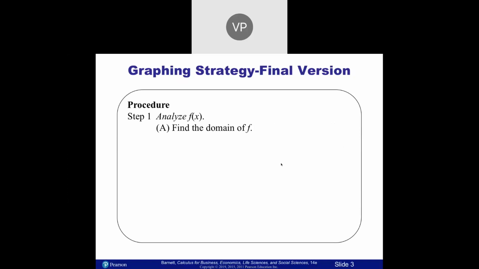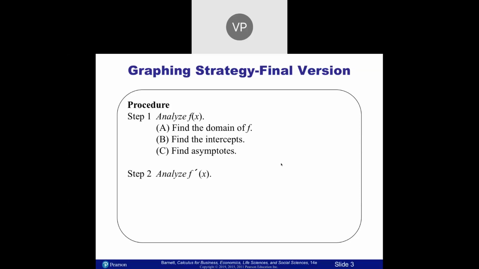We're going to look at the function. Always look at the original function, get the domain, get the intercepts, and get asymptotes. Now, keep in mind, when I say the asymptotes, I mean see if there's horizontal or vertical ones right there, and then we're going to learn about another type of asymptote as well, but that's all going to happen at this step one.